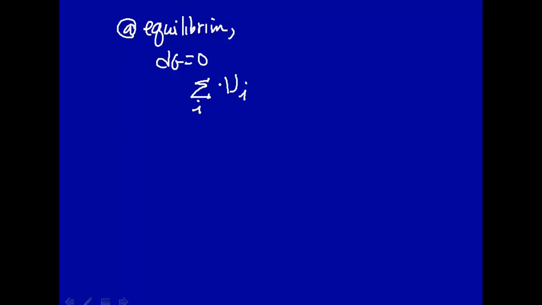And let's consider one more thing. At equilibrium, we have dG equal to 0, and therefore we end up with exactly the same thing we had before. The sum over all species, looking at a chemical reaction, of the signed stoichiometric coefficient of that species times the electrochemical potential of that species has to equal 0 for the reaction.